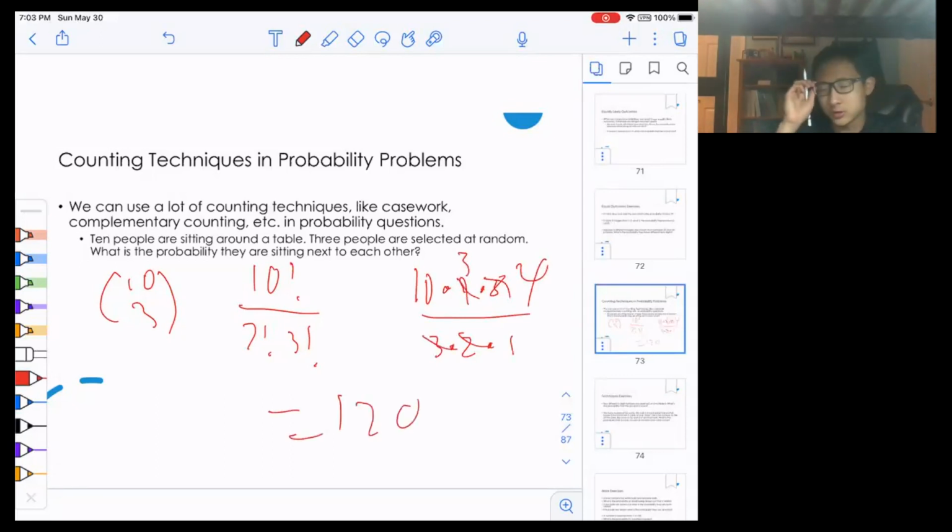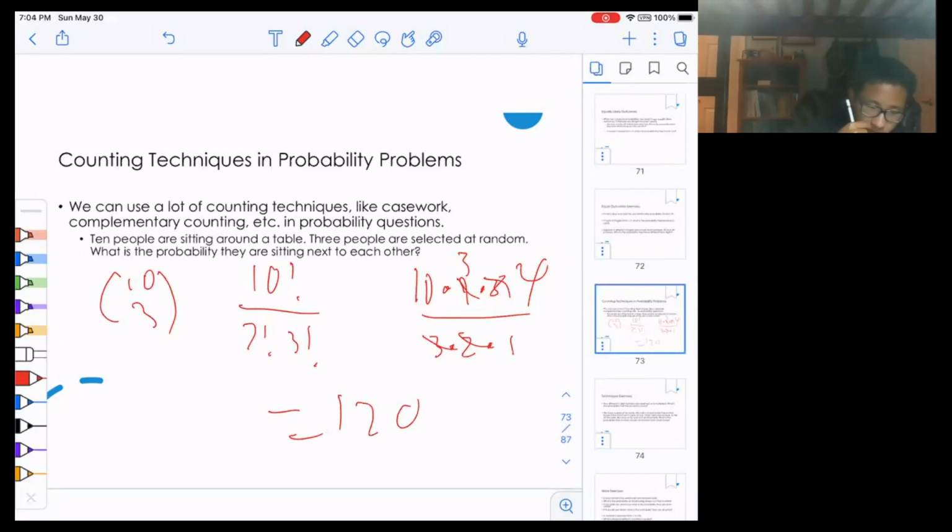So 120 is the number of possible outcomes, but now we need to find the number of outcomes that actually work, where we have 3 people right next to each other. There are only 10 ways to choose 3 people right next to each other, since if you have 10 people sitting around the table, there are 10 ways to choose the middle person and then the 2 people around them.